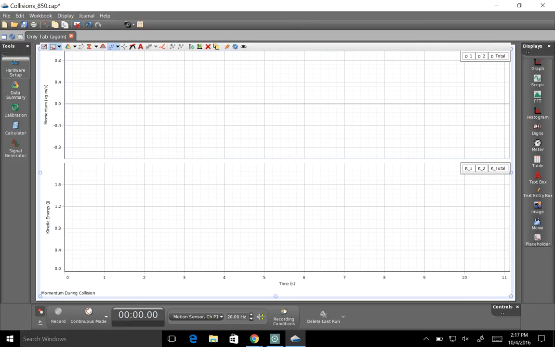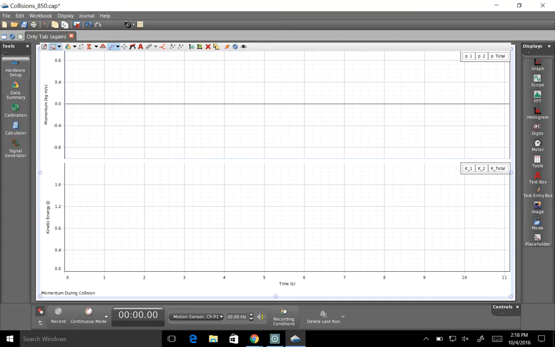One of these will be channel A, and one will be channel B. And cart 1 is the one closest to channel A. That's what determines which one's cart 1 when you're doing your experiment. So when you label them, this is cart 1, this is cart 2, make sure the one that is labeled cart 1 is the one closest to the sensor that you have plugged into. Are they labeled A, B, C? 1, 2, 3. The one that's plugged into 1, and then you have it matched up.